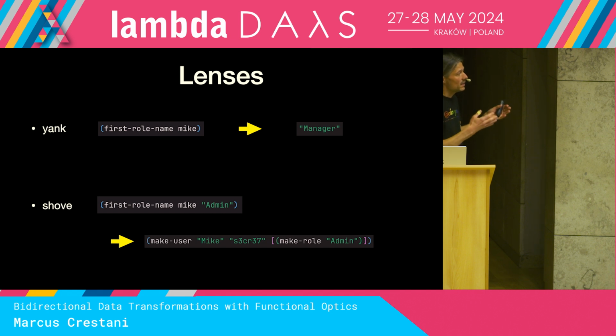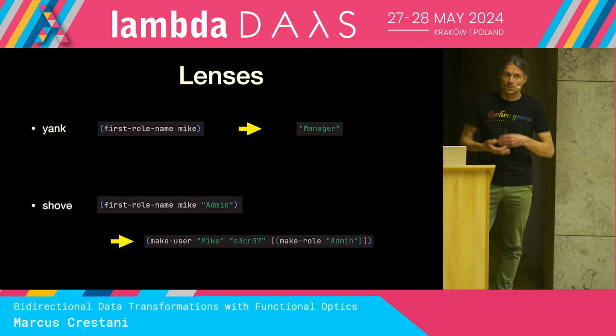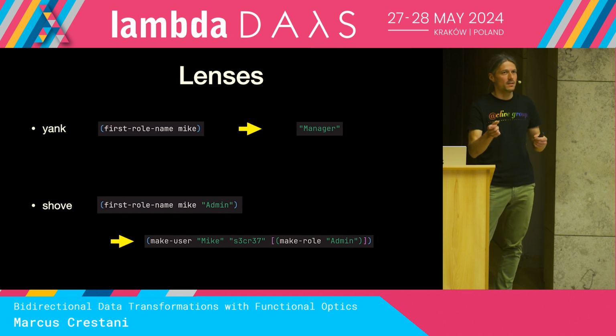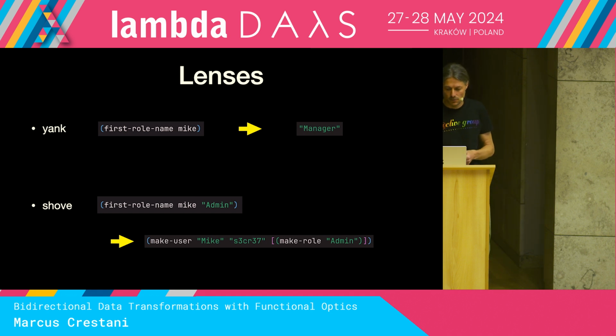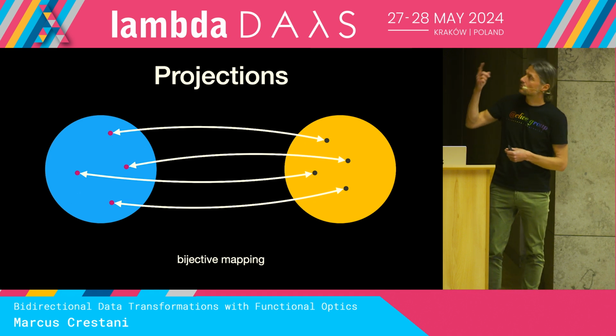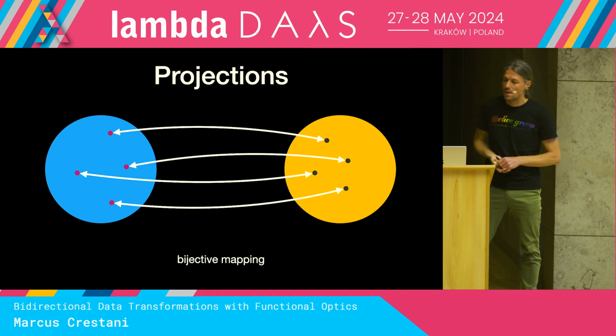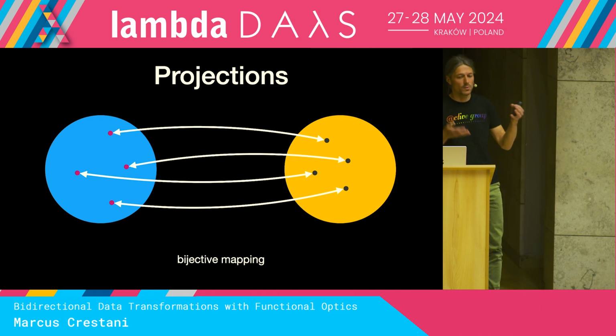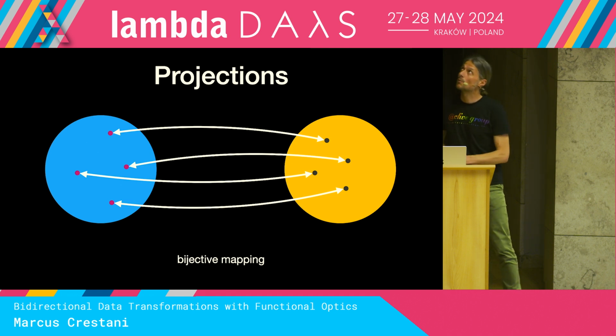So lenses are exactly the ingredient we need to achieve our goal of writing bidirectional data transformations. Writing those transformations just once. Because lenses can be combined to projections. So this graph shows a bijective mapping, which is a mapping between two structures. We have a blue structure and we have a yellow structure.